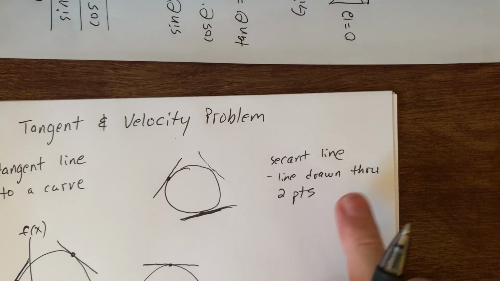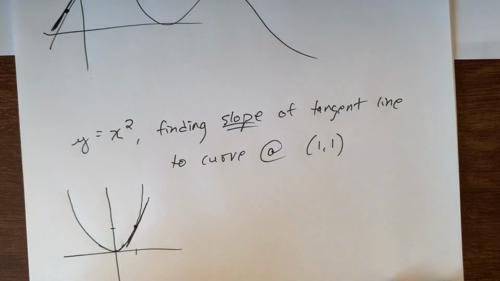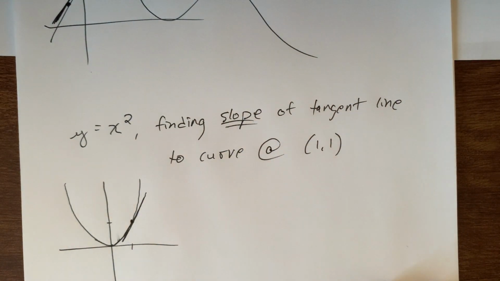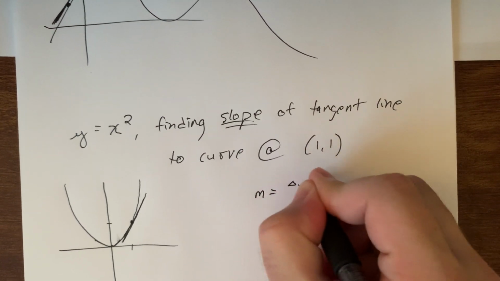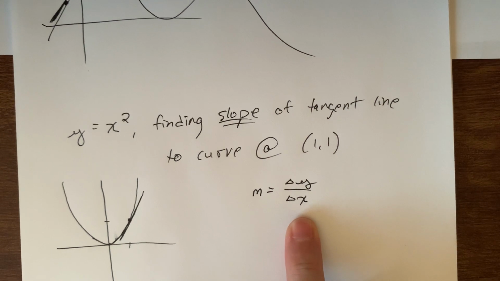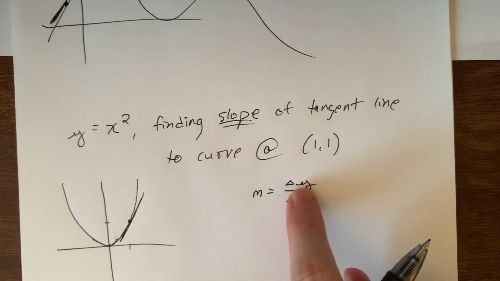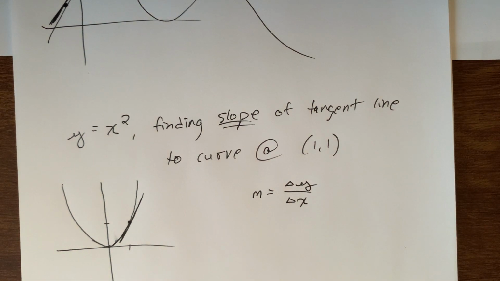So, why am I bringing up the idea of a secant line here? The reason is when I come down here, I don't have enough information. Because when we talk about slope, here's our first good reminder: the formula for slope that a lot of people remember. For some people, especially in physics, they're very familiar with the idea of delta y over delta x. The delta in math and science always stands for change in.